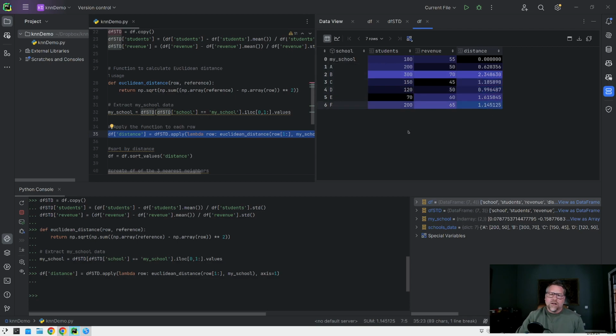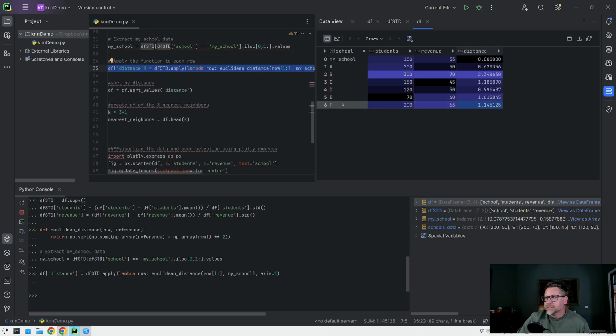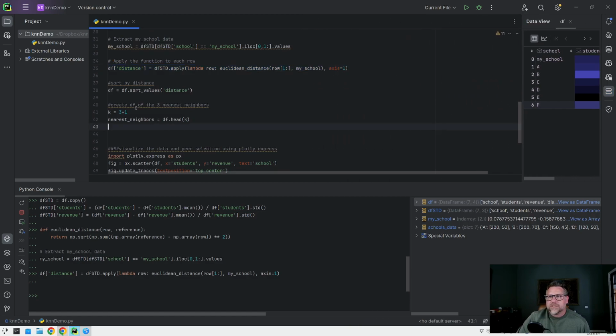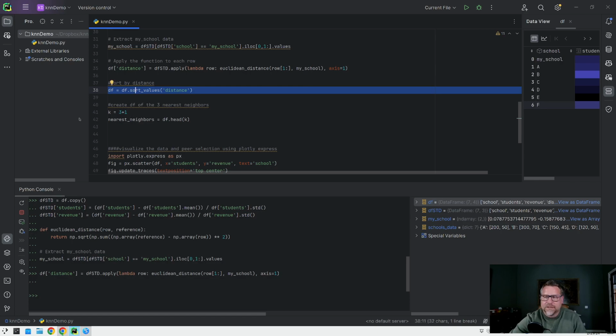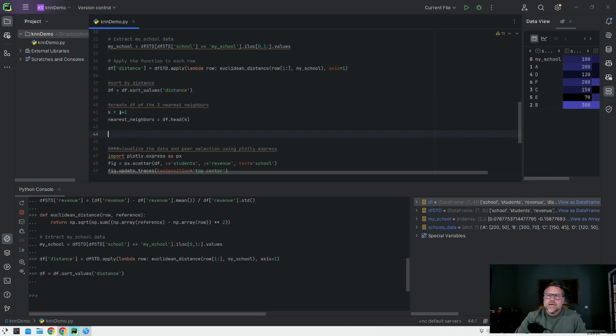So all I do now is, again, pick some peers. I'm going to pick the closest peers in terms of distance, and that will be the peer set. Just showing you how that works again with code. Suppose I want to sort this by distance and then keep the top 3 peers. That means I need to keep the top 4 rows because the first row is my school.